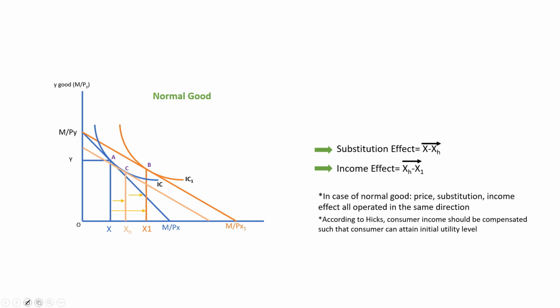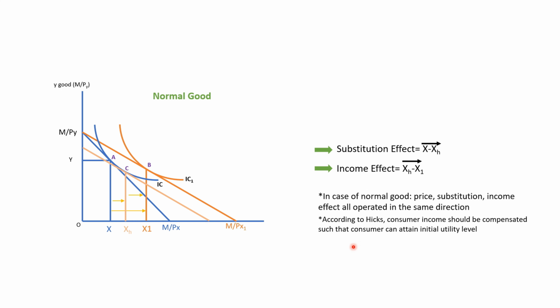Then, after shifting parallelly, it will tangent with the initial indifference curve or initial utility level, that is IC. It tangents with the initial indifference curve at point C, and the demand is XH, Hicks.